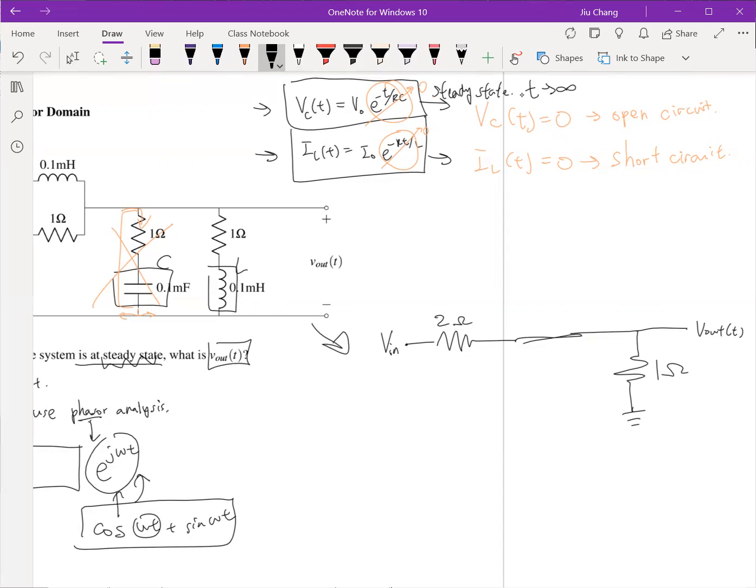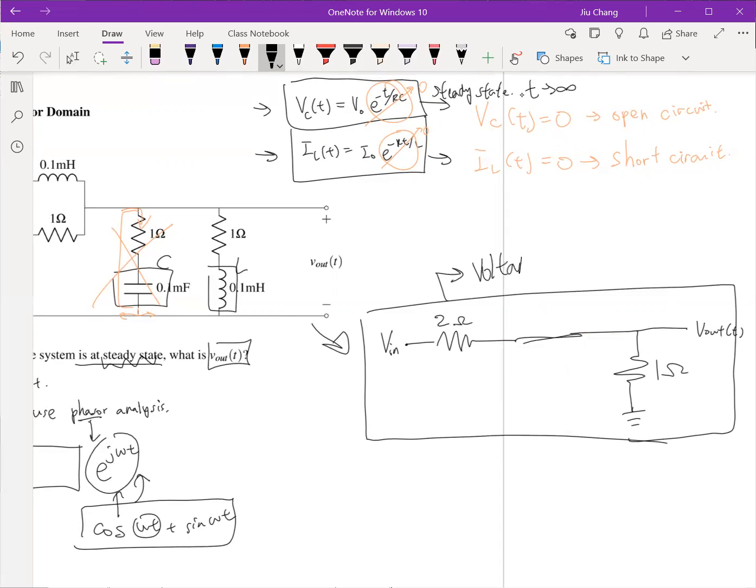Well, if we look at this simplified version, we notice that this is a very basic form of a circuit, namely the voltage divider. So we use the formula for the voltage divider, which is just V out of t equals the total voltage, the total resistance on the denominator, and 1 ohm on the numerator.